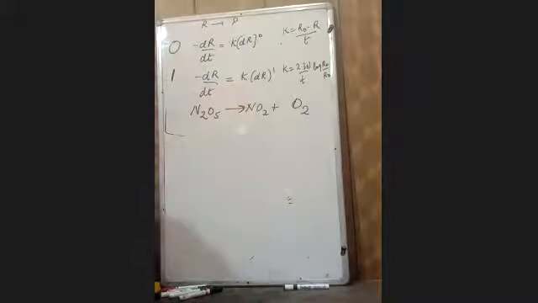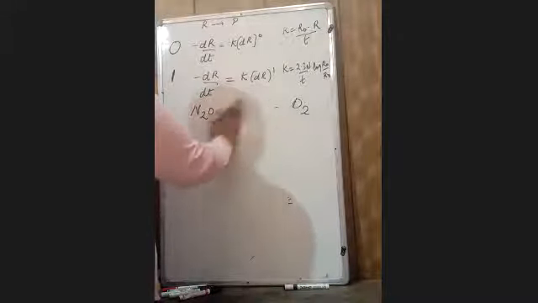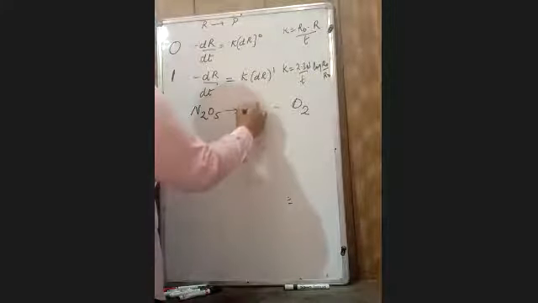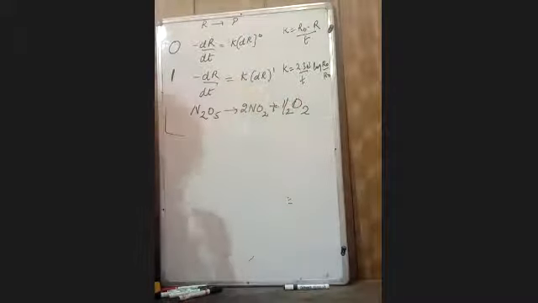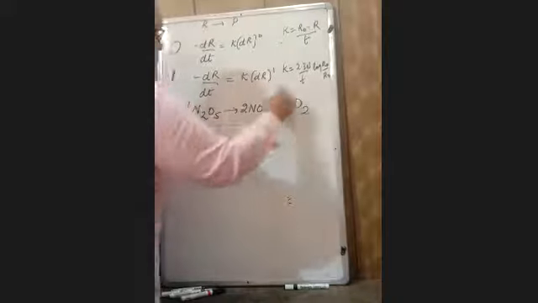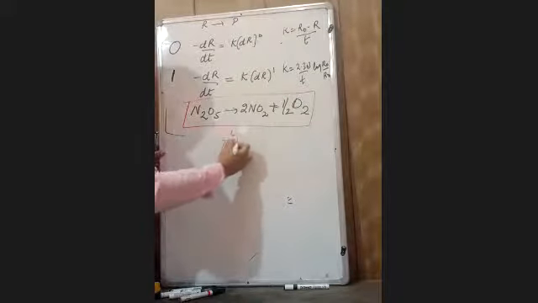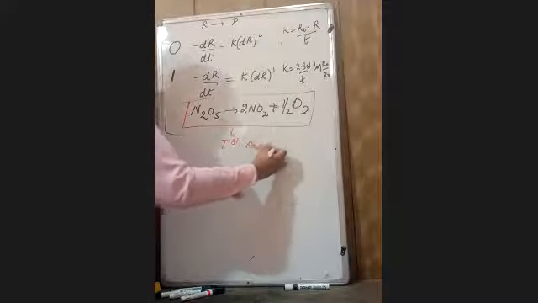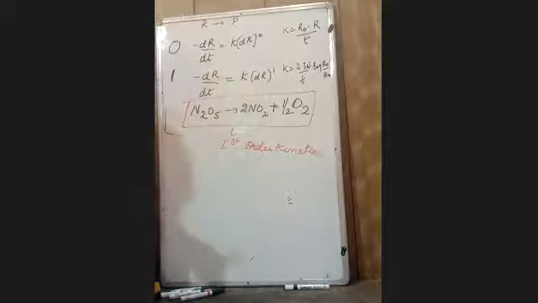It is not balanced, so first balance it. Fine, this is the equation which is given to us. It follows first order kinetics. It is your NCERT in-text question 4.5.